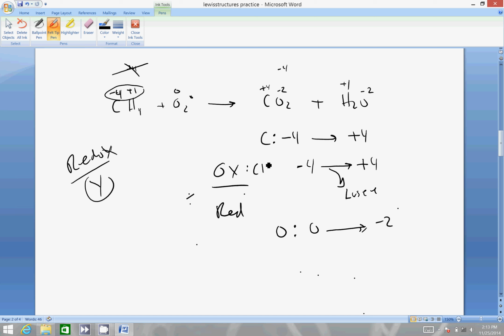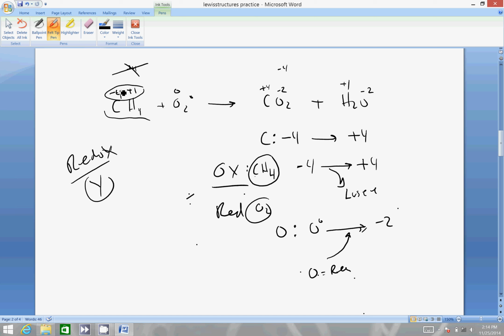So the CH4 is actually the guy that's being oxidized, and that's because of the carbon. And the oxygen going from a 0 charge to a -2, I have to add electrons, so the O2 itself is being reduced. And the carbon, which is part of the methane, is being oxidized by the oxygen, from -4 to +4.